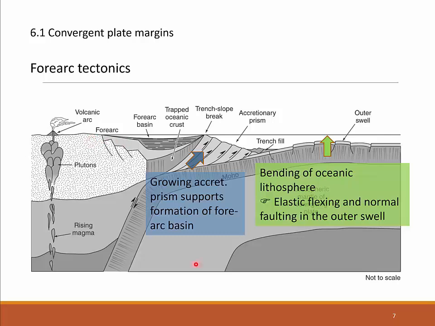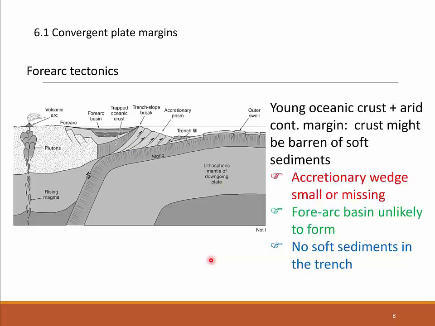However, not all convergent continental margins show all these features. We might find that most of them are absent. No forearc basin, no accretionary prism. And this depends on the nature of the oceanic lithosphere that is undergoing subduction.